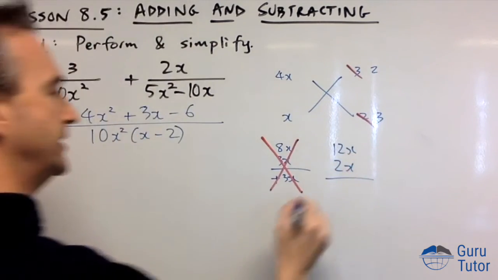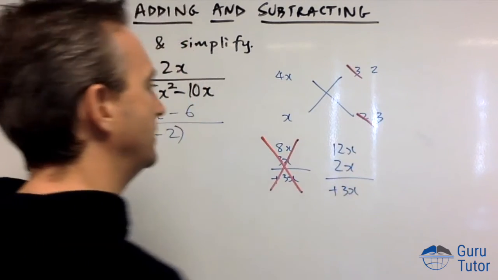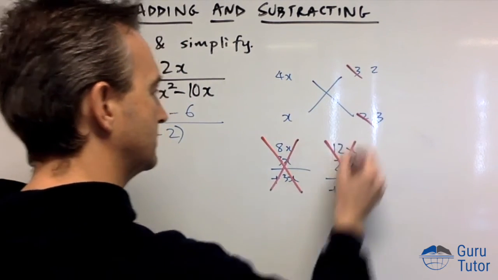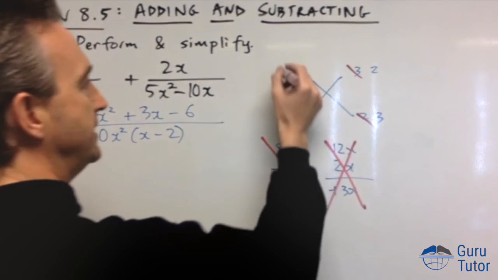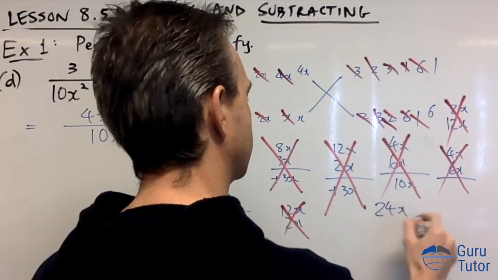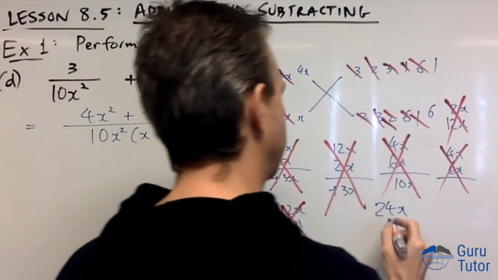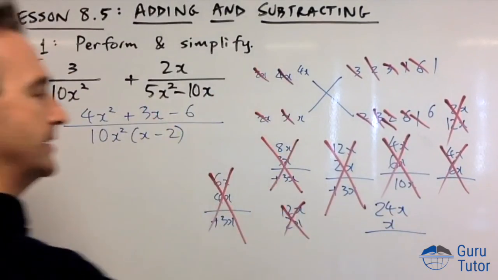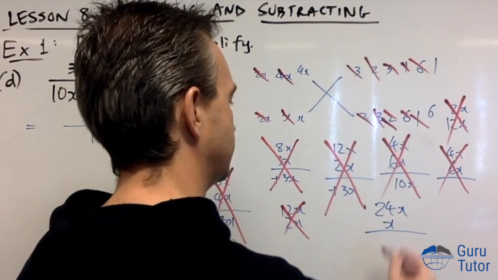Can that give plus 3x? No, it can't. Alright, let's change these. Let's try 2x and 2x. Let's try 1 and 6. 4x times 6 is 24x. X times 1 is x. Can that give 3x? No, it can't.